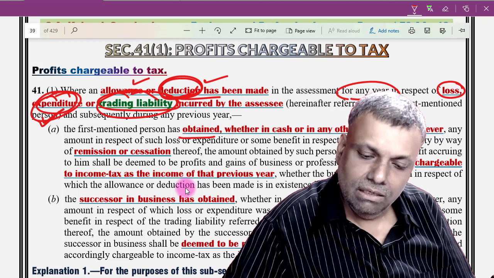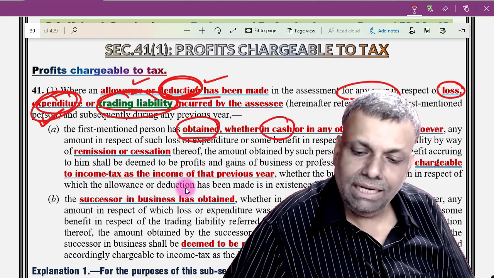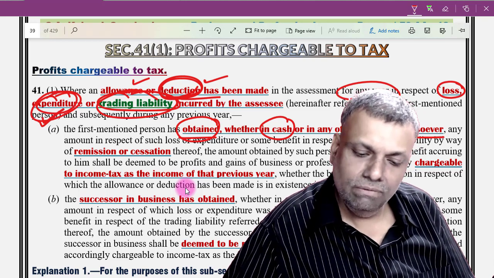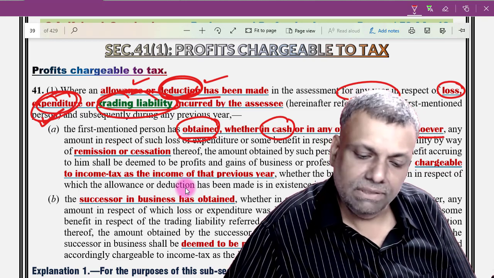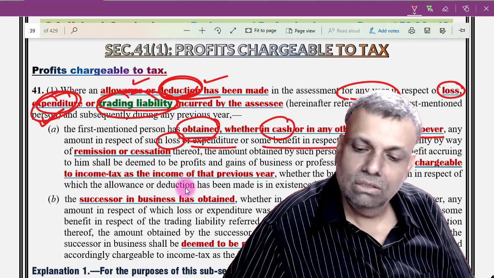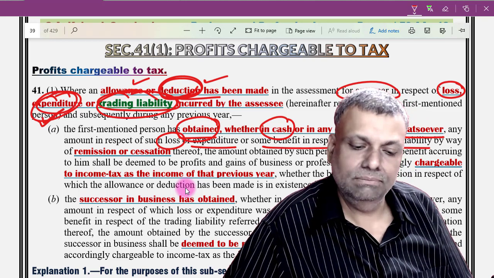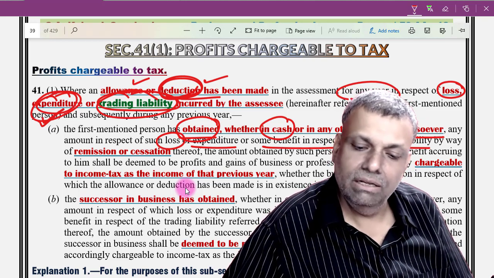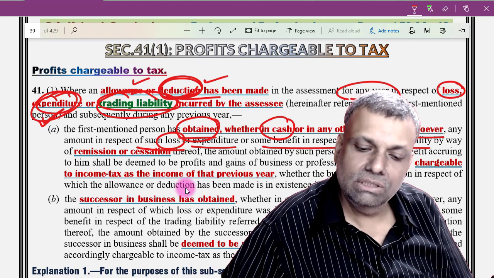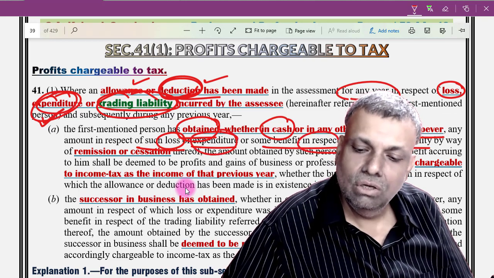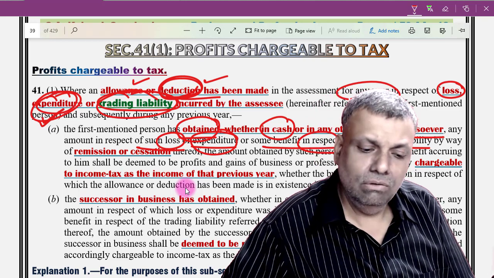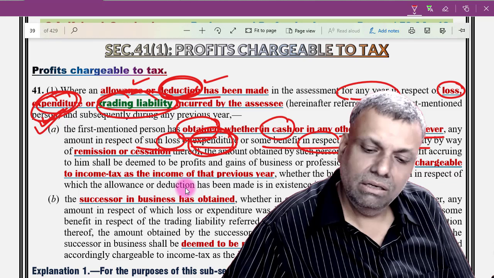Then you have obtained, whether in cash or in any other manner, any benefit with respect to loss, expenditure or a trading liability. So in one year expenditure, in another year benefit.